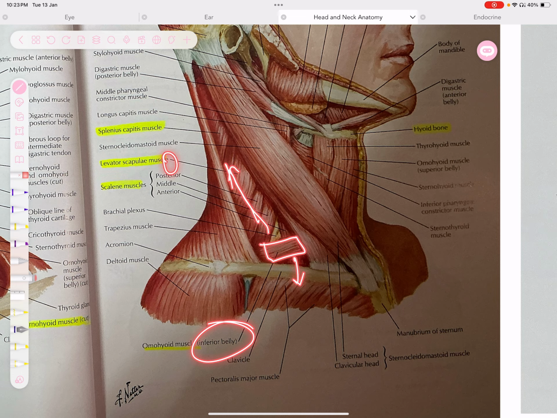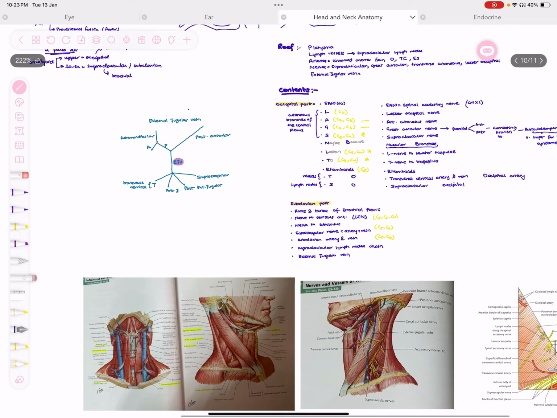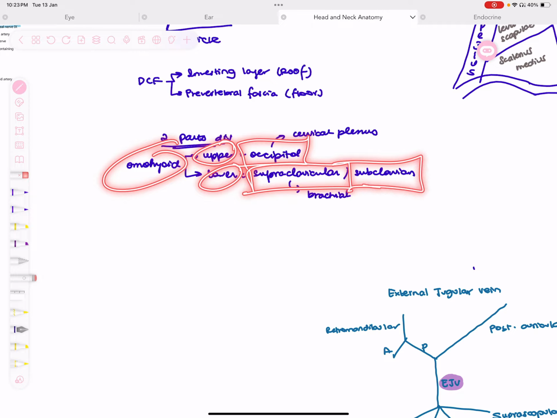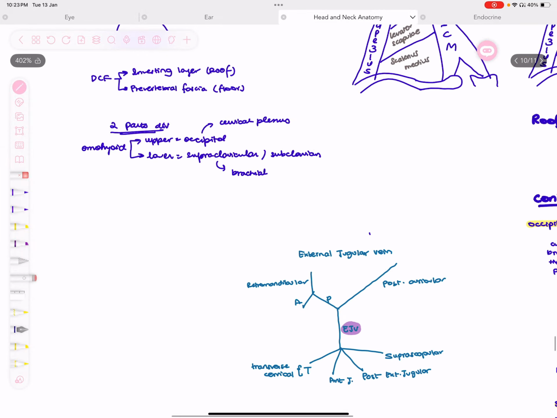The upper part is the occipital part, and the lower part is known as the subclavian part, and it also has another name, which is supraclavicular. So omohyoid divides upper and lower. Upper is the occipital part and lower is the supraclavicular or subclavian, because it's right above the clavicle.